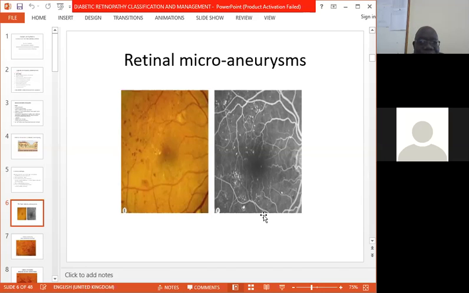This is the same picture, except this one is fluorescein angiography. This one is a direct picture where, when you do fundoscopy for example, you can see the macular area, fovea area.